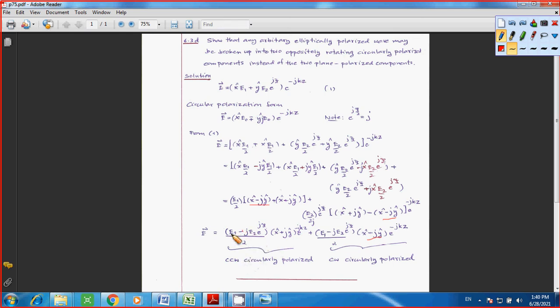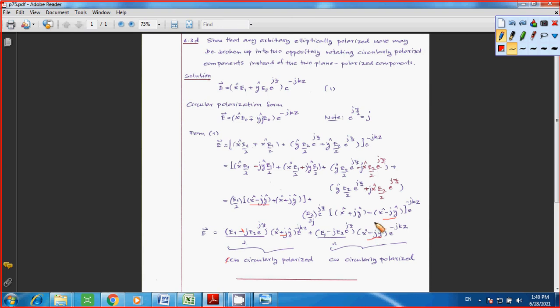So for this term with positive, this is going to be what? A clockwise circularly polarized wave. But for this one, it's negative j, or your psi equals what?